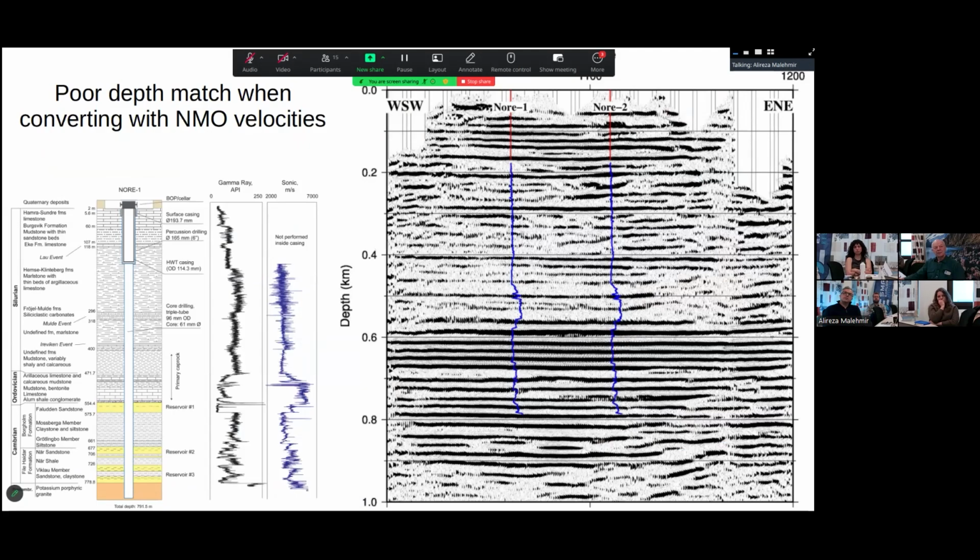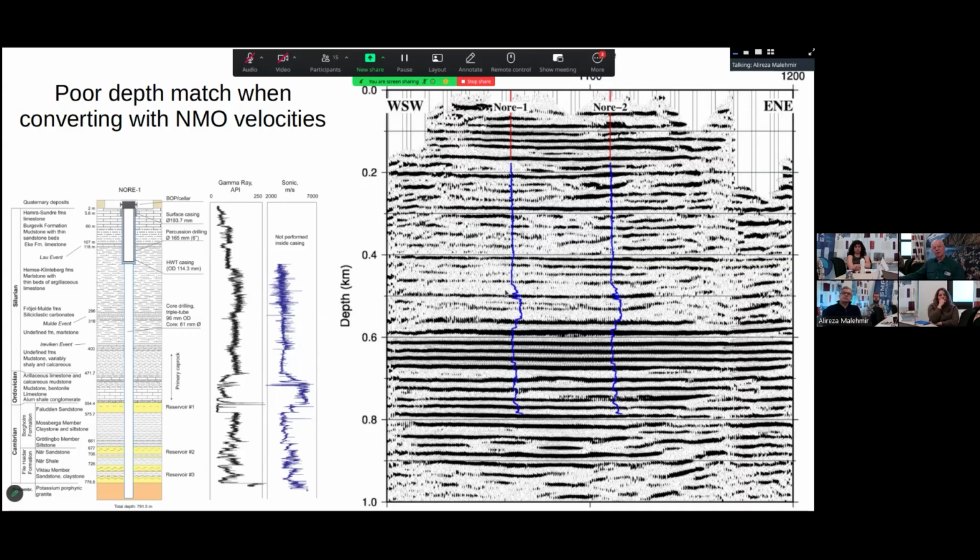Just to show, the slide is maybe a little bit out of place, but I just wanted to show that we had the core. These logs were recorded later, after the initial processing of the 3D. And this shows the initial depth conversion of the 3D compared to the sonic logs.